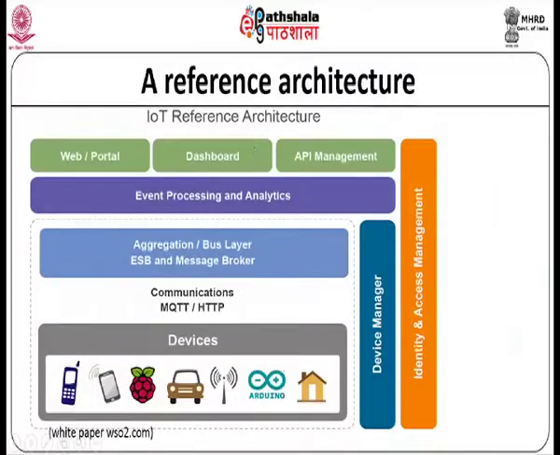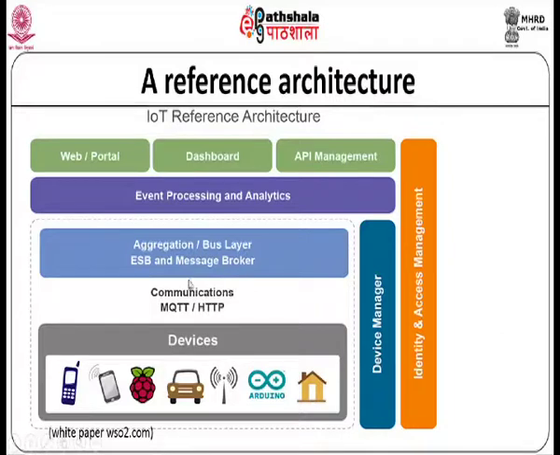This is just a reference architecture that has been proposed for IoT. Ideally you will have different devices. Devices could be your cell phone, your car, some wireless device, or the Arduino boards used to construct these devices, your home and so on. This is basically some sensing that is happening, and these devices will communicate using protocols such as MQTT, HTTP and so on.